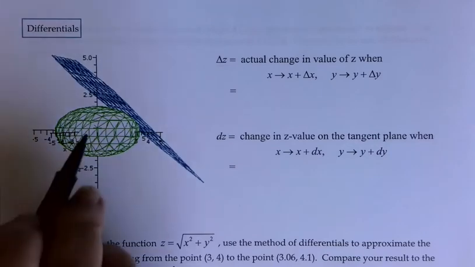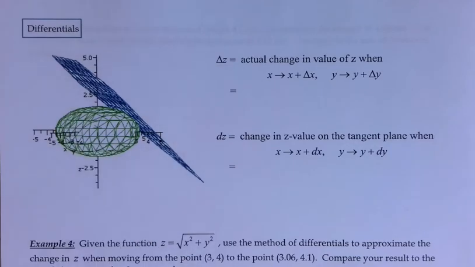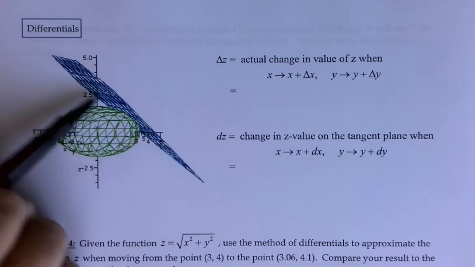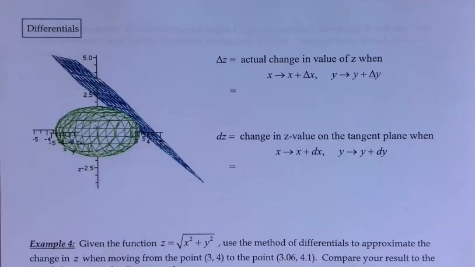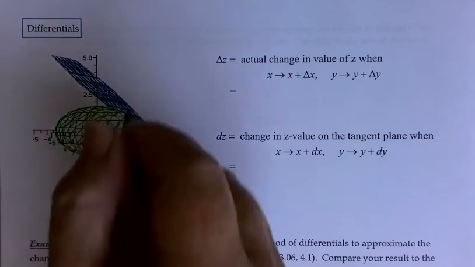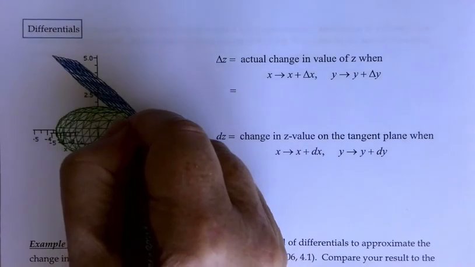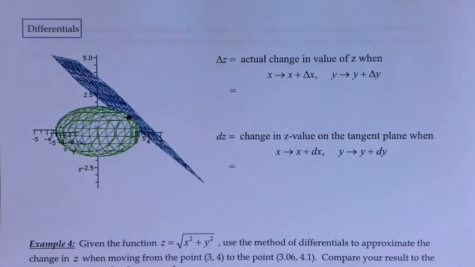So once again, if we imagine we've got a surface here, this ellipsoid, and I've got a tangent plane, which serves as the linear approximation to that ellipsoid at some point of tangency, right here, it's perfect.